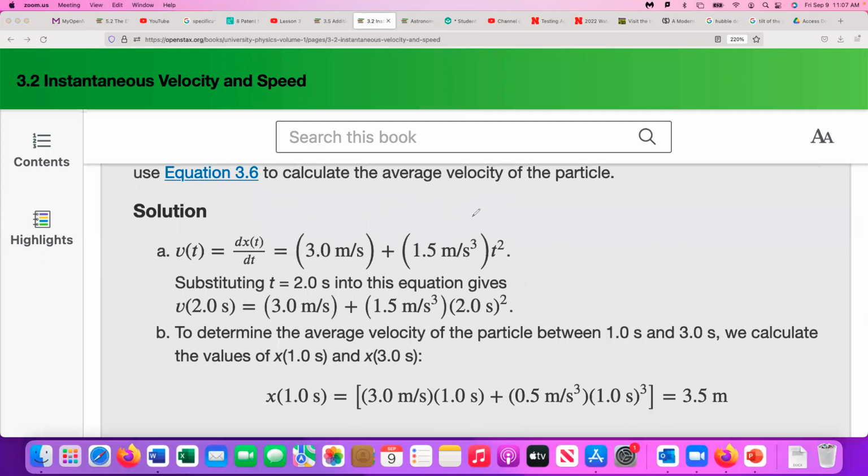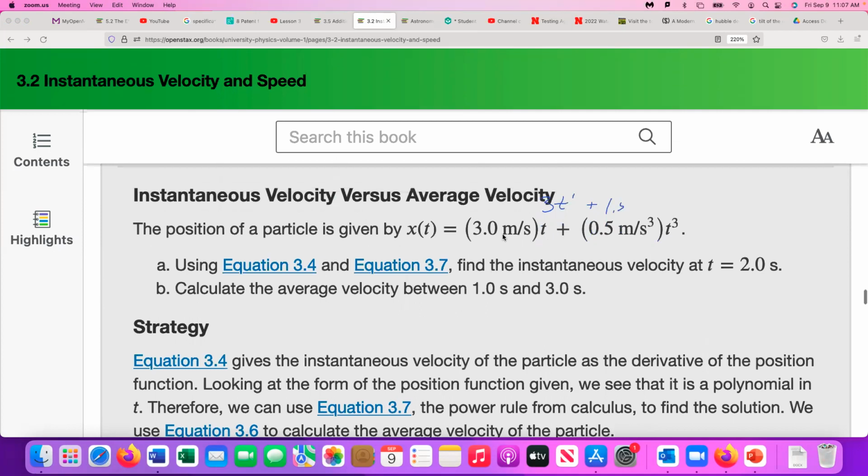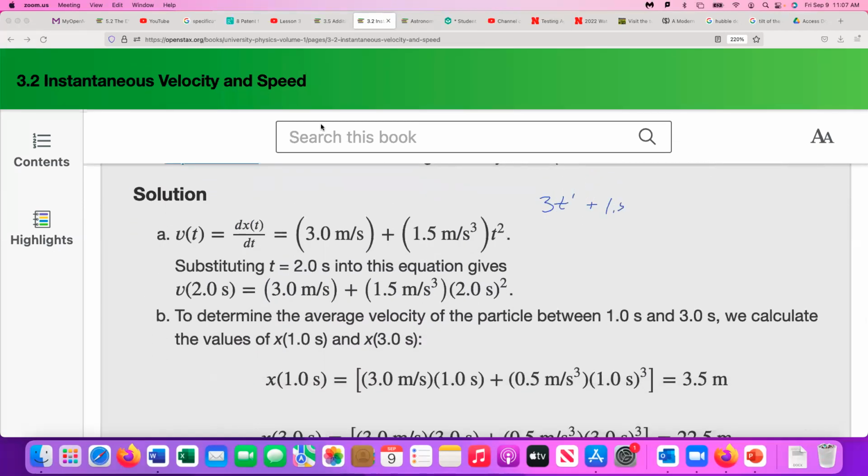So this is what it looks like when you take out the units: 3 times t to the 1 power, plus 0.5, dang it, 0.5 times t to the 3rd power.